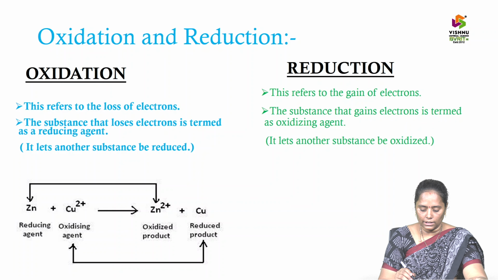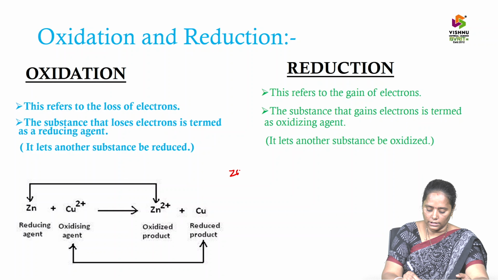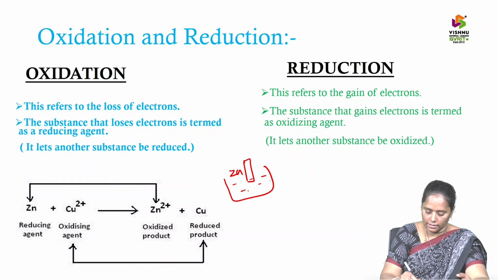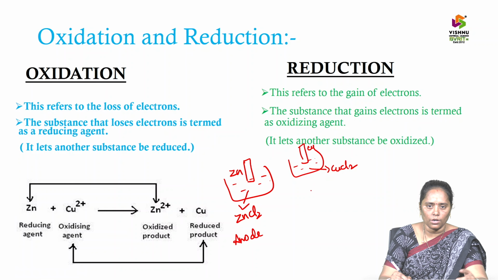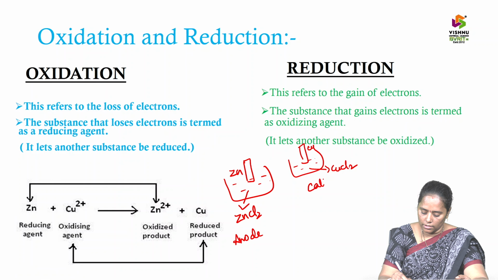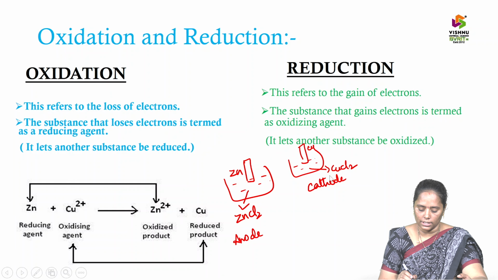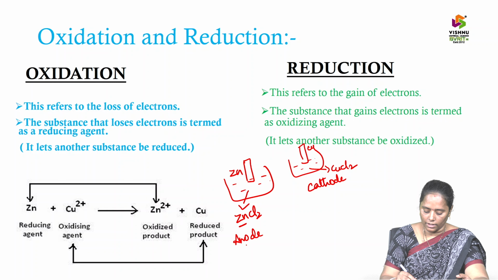We can consider an electrochemical cell having zinc metal and some zinc electrolyte solution at anode. And at cathode, let us take copper with its electrolyte. Any copper salt solution can be considered at the cathode. As we discussed, at anode oxidation takes place, that is, zinc liberates electrons.